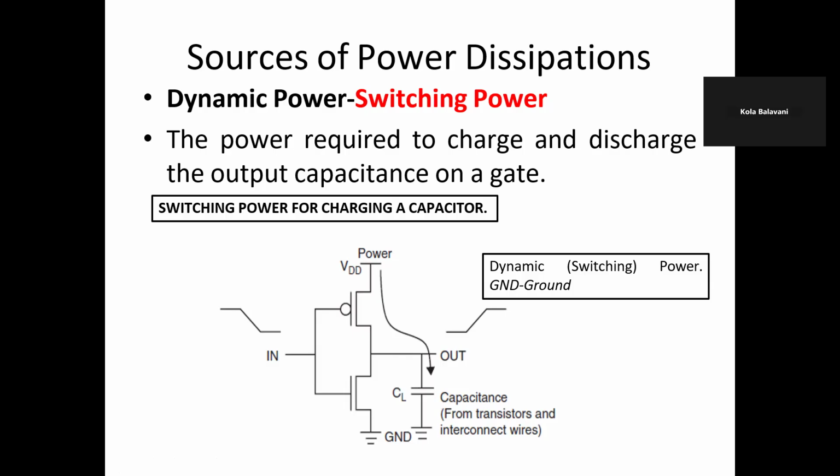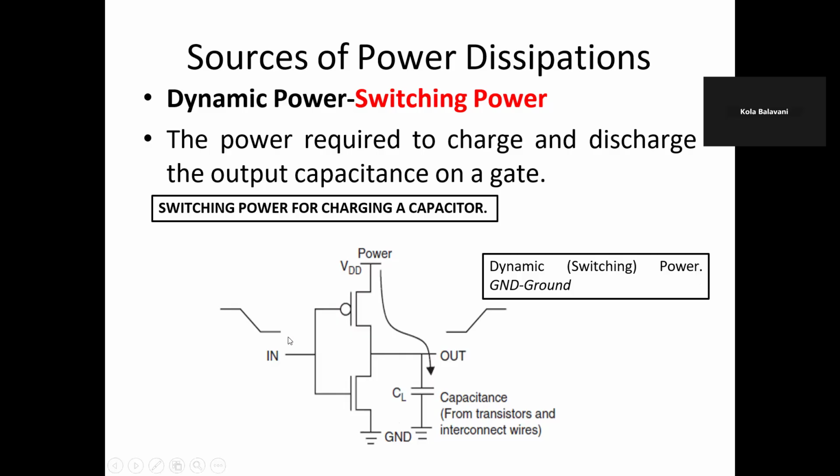Suppose you give the input as logic 1. In that situation, the PMOS goes to the off state and the NMOS goes to the on state, meaning this is open and this is closed, a short circuit path. In that situation, the capacitor will discharge. So while applying the input signal, the capacitor is charging and discharging.